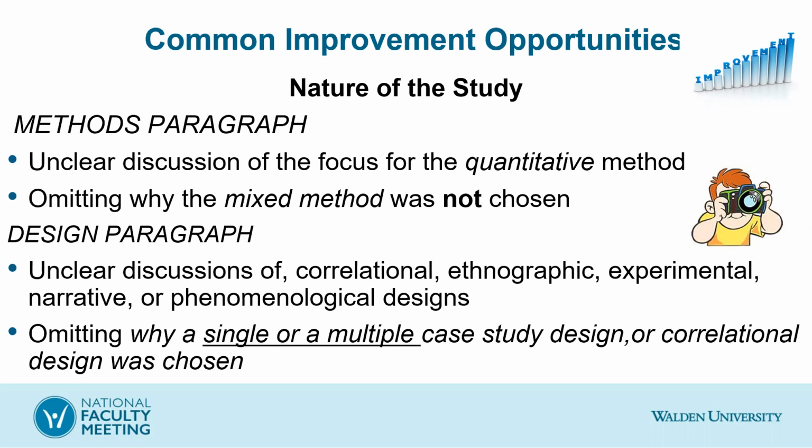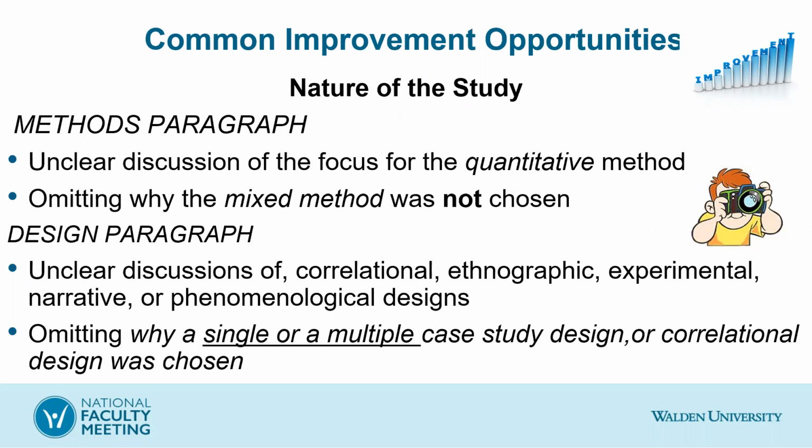The paragraph on design. The design is our roadmap, and we discuss why we're using different designs. The correlational design relates to quantitative; ethnographic, qualitative; experimental, quantitative; narrative, qualitative; and phenomenological designs. We need to explain why we're using each one and why we didn't use any of the others.